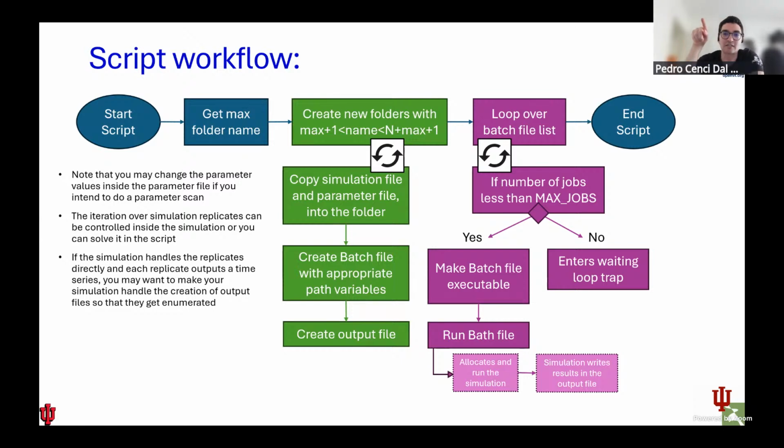If you are not at capacity, you run another batch job and you keep doing this loop, always checking if you're at capacity. If you are at capacity, so if the number of jobs is greater than the max jobs, then you set a 1 minute waiting loop. You wait 1 minute and then you try again.